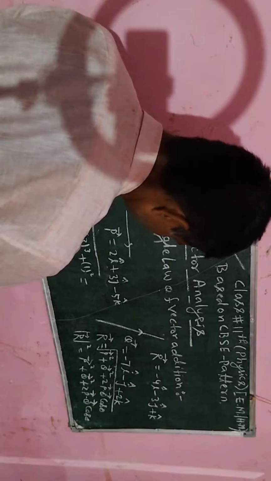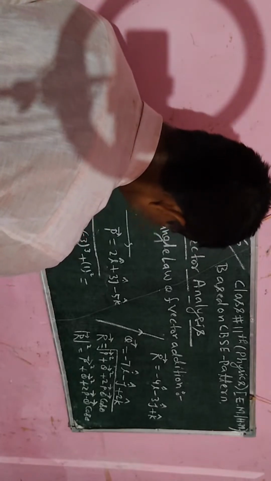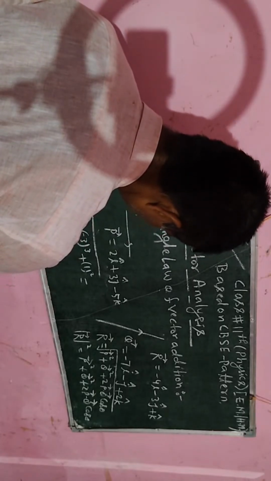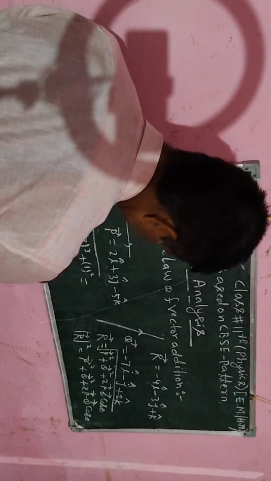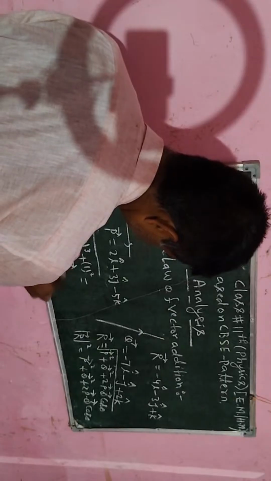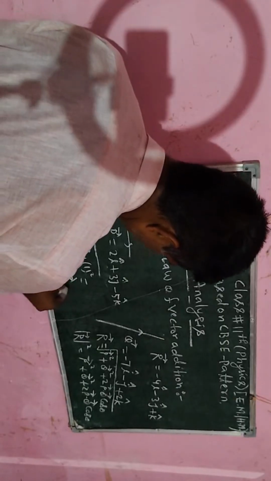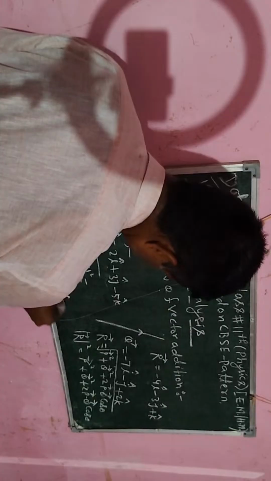So I will write vector P square plus vector Q square, and then I will write 2 vector P into vector Q, and then I will write here cos theta.